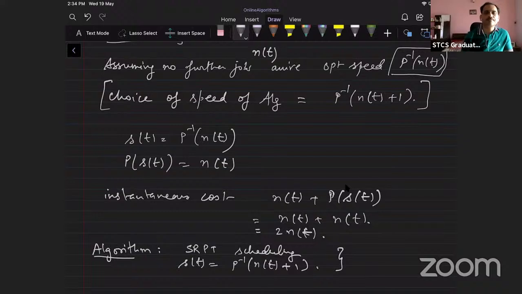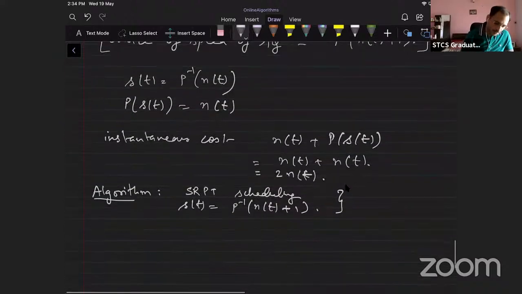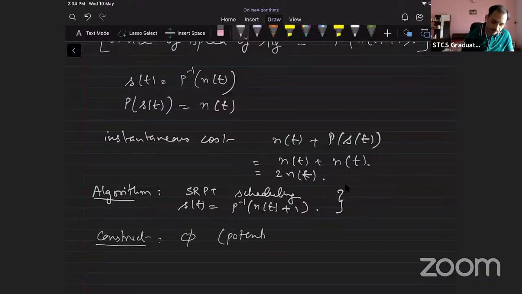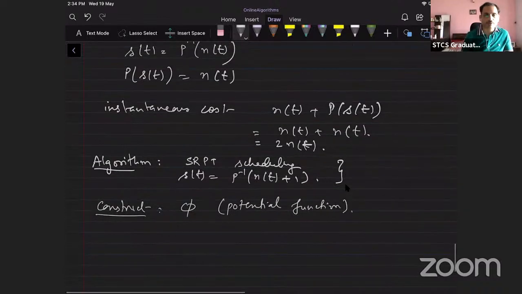No questions? So what remains is, following my recipe, to construct the potential function phi and an appropriate constant C for which the phi and C pair satisfy all the properties that I want.